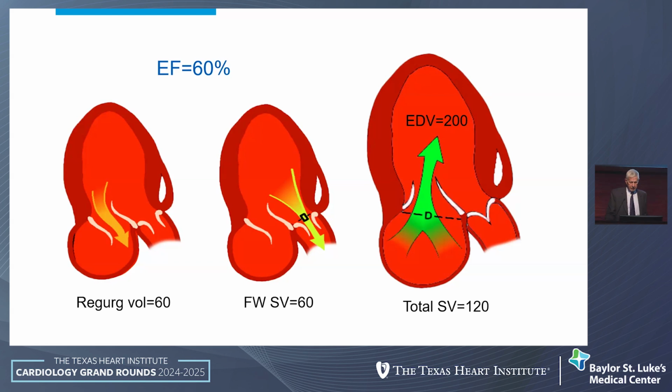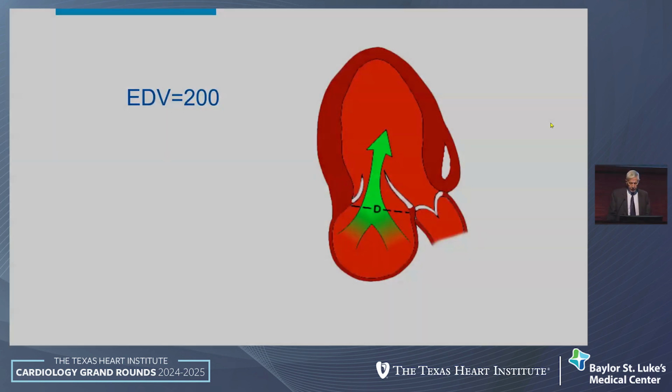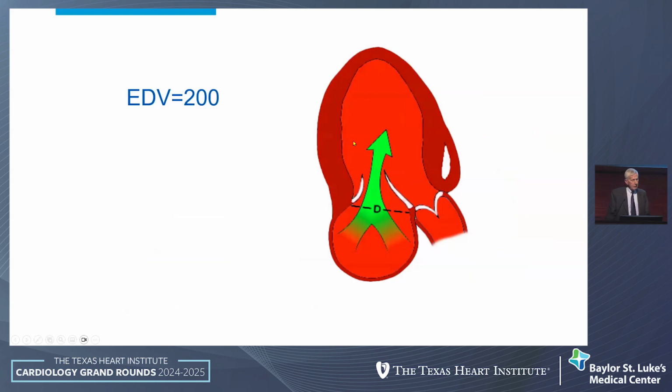Well, here's why. If you had a normal ejection fraction, when you come off bypass, you still have an end diastolic volume of 200. The heart doesn't shrink right after mitral valve repair or replacement. The end diastolic volume is 200.